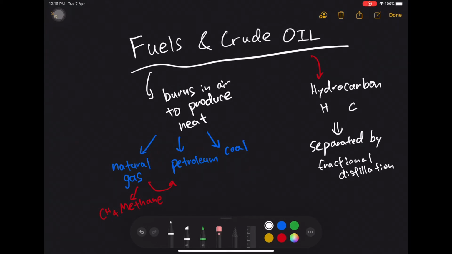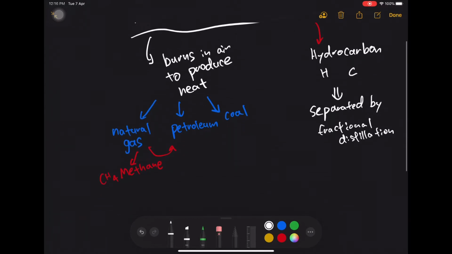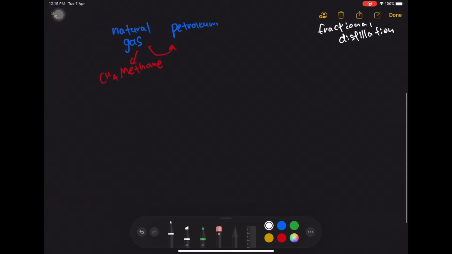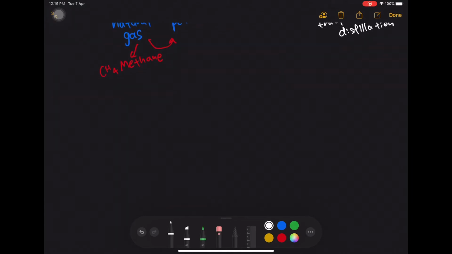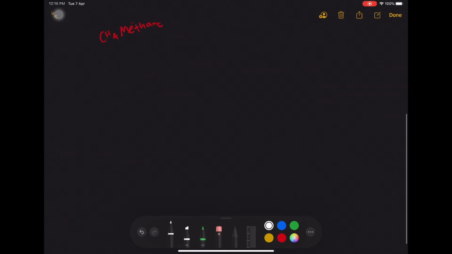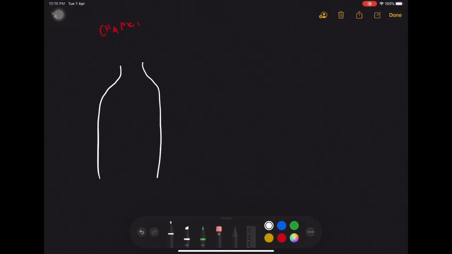So the first thing that you get is at the top of the fractional column. This is a very big project. You don't see it in a lab. So I'm gonna show you here. I'm gonna draw a very simplified version of the fractional column.